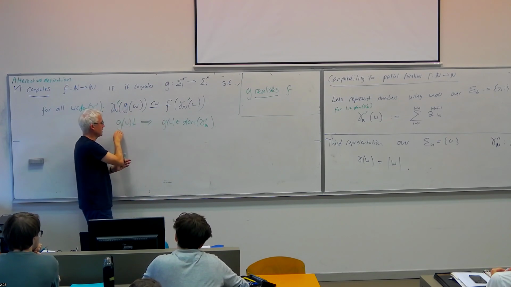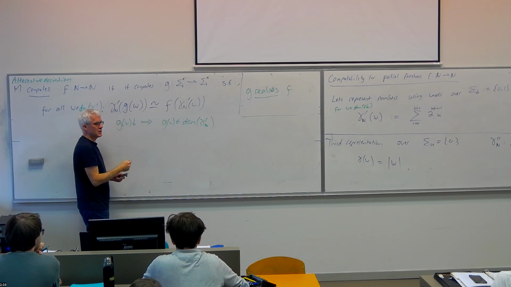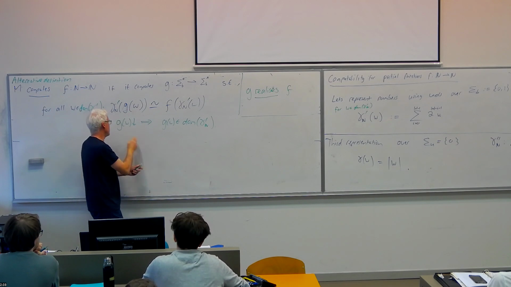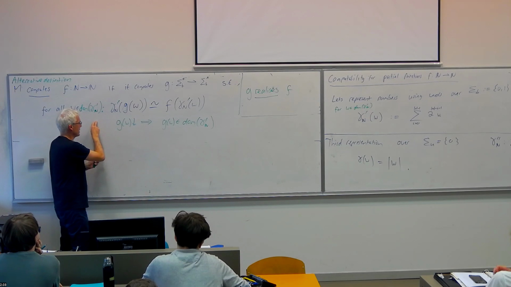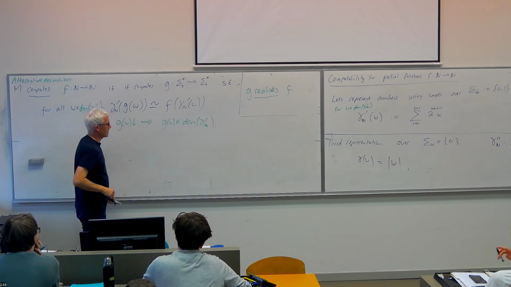So adding the second condition makes sure that the partiality in F corresponds to the partiality in G from the non-termination of computation. G is non-terminating on an input word W that represents a number if and only if F applied to the number represented by that word is non-terminating. Okay, so that's why we need this extra condition.